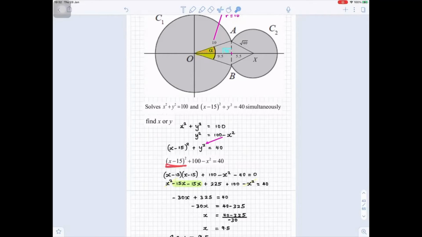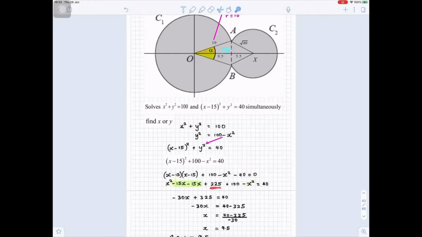We expand x minus 15 squared. That will give us x squared minus 15x minus 15x plus 225 plus the 100 minus x squared equals 40. The x squared minus the x squared gives us 0. Minus 15x minus 15x gives us minus 30x.